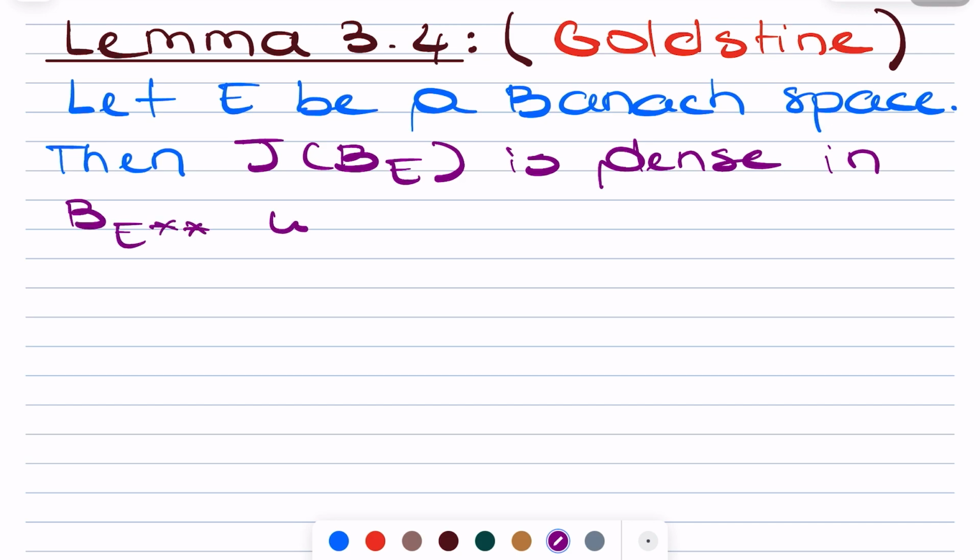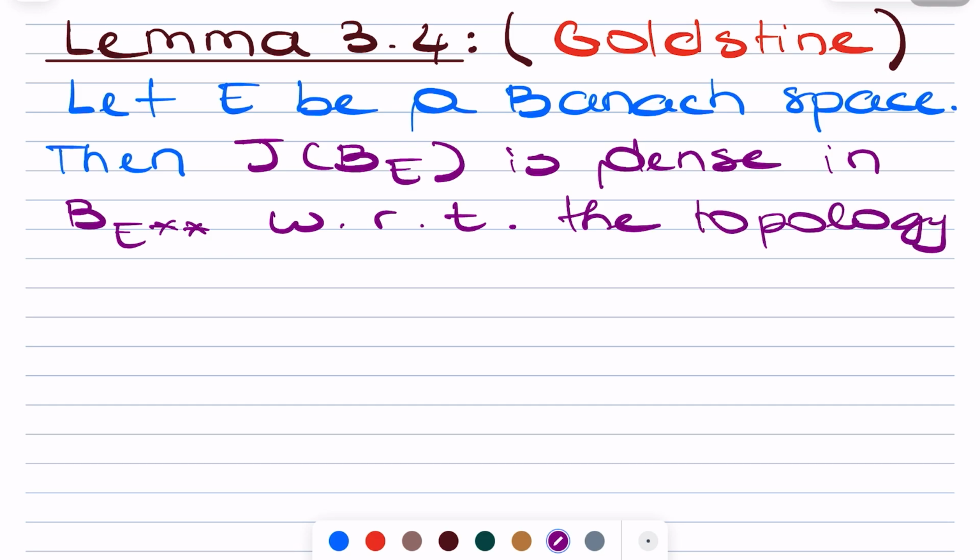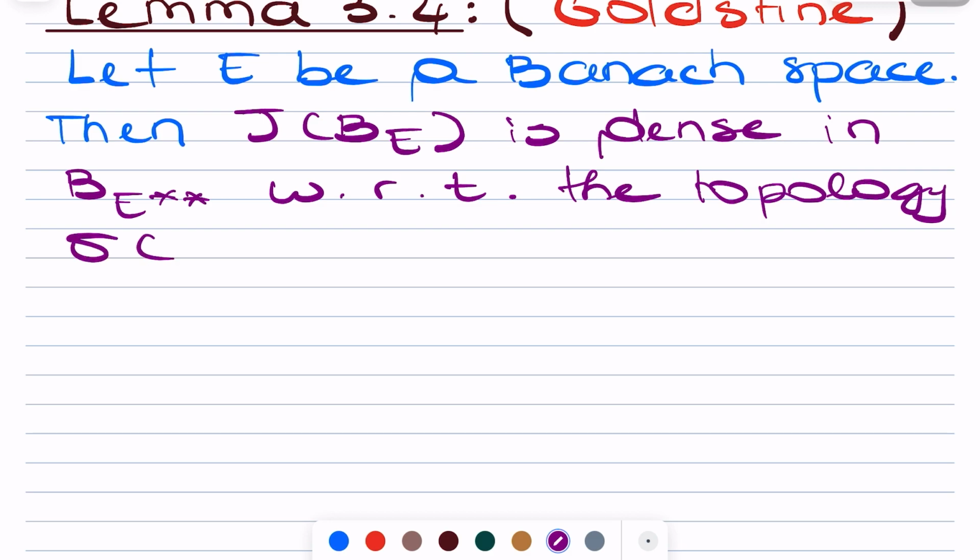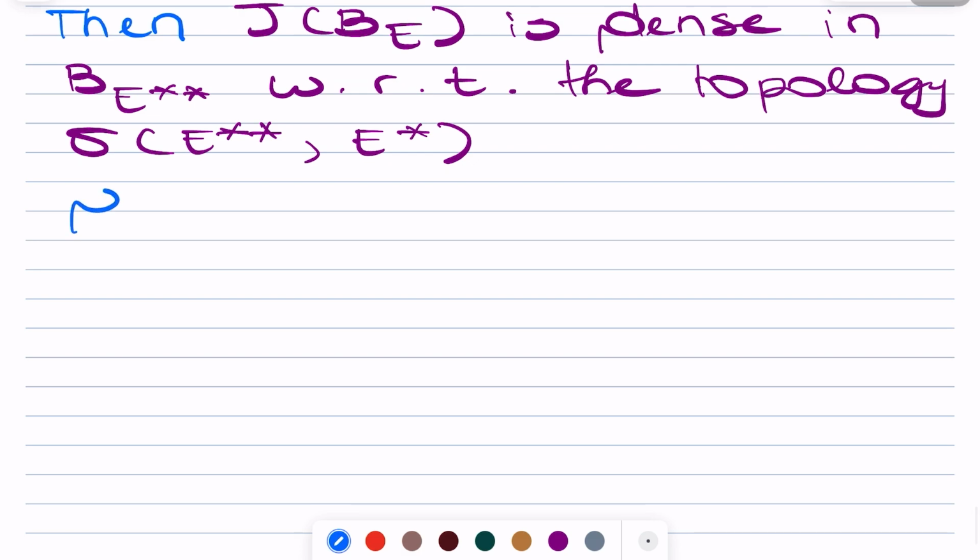Of course, we need to specify the topology. So it is dense with respect to the topology sigma(E star star, E star). And consequently, this is just a consequence of the above.